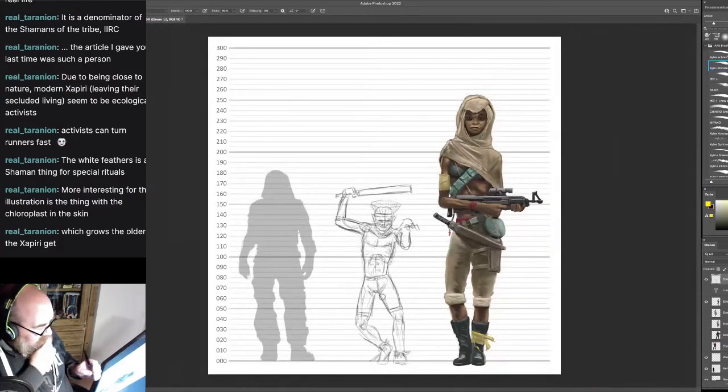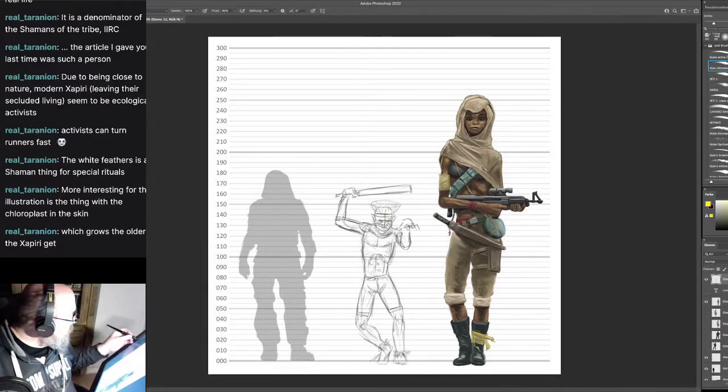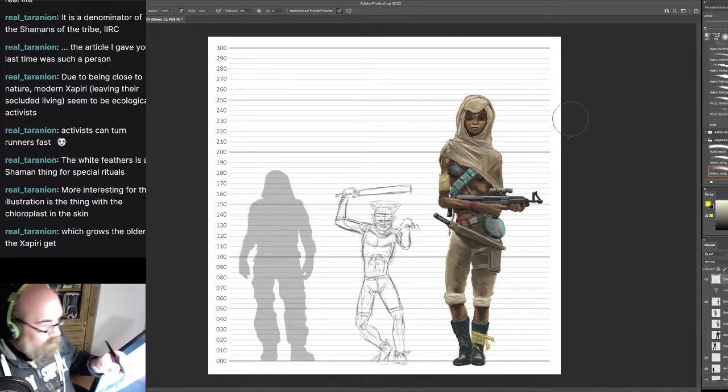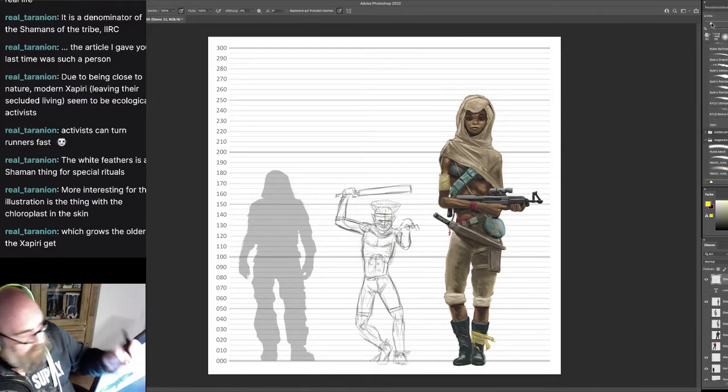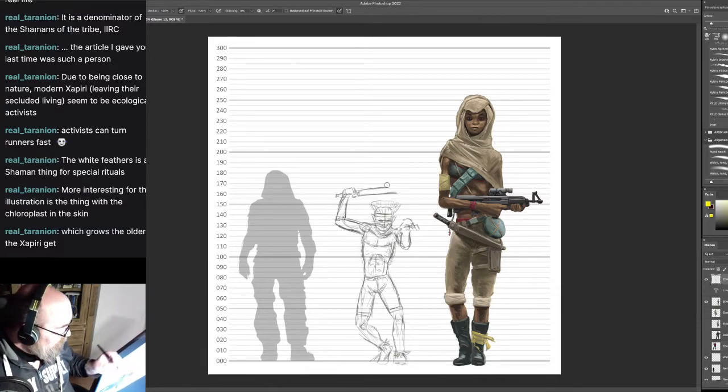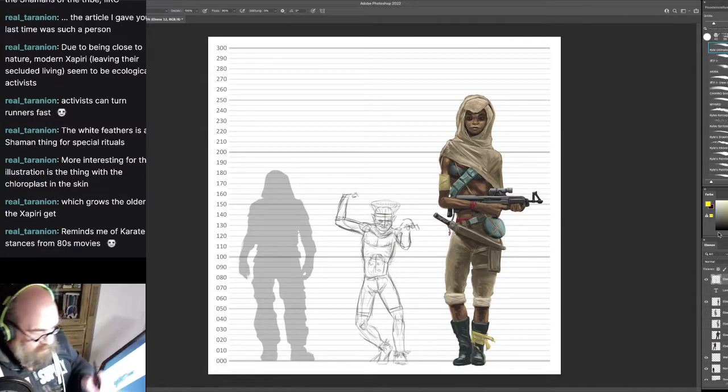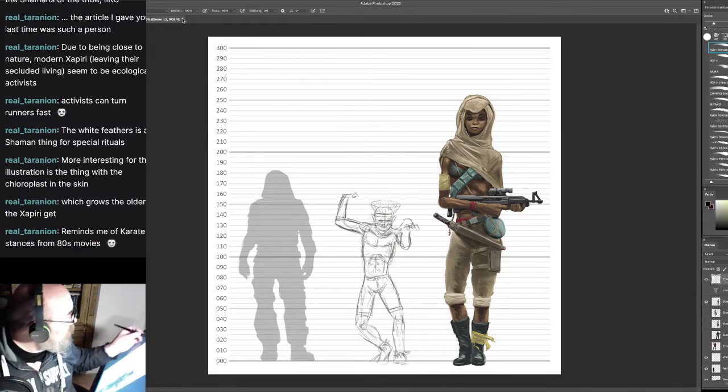I still like the stance somewhat, but not altogether. I think I will rework the upper hand into some kind of magic gesture, for lack of a better word.